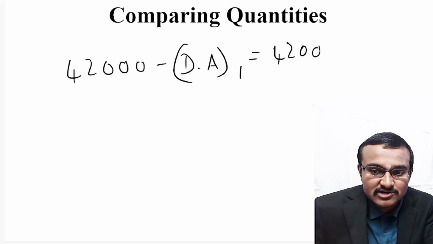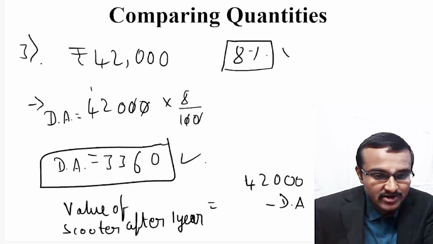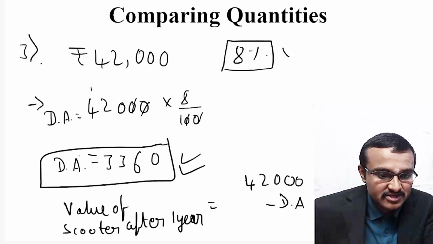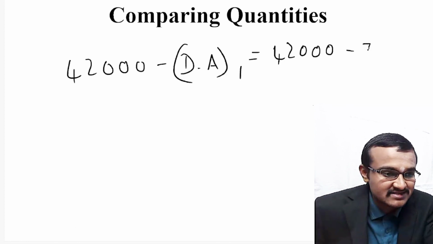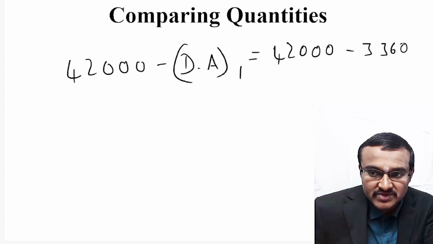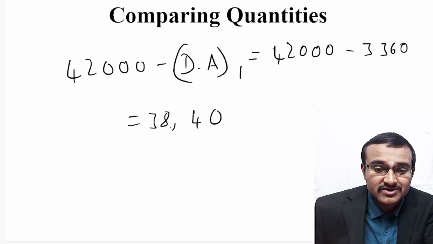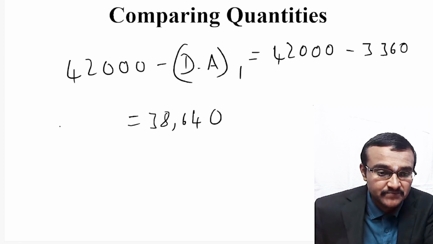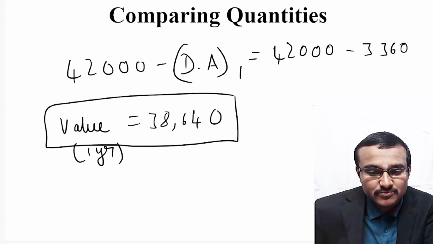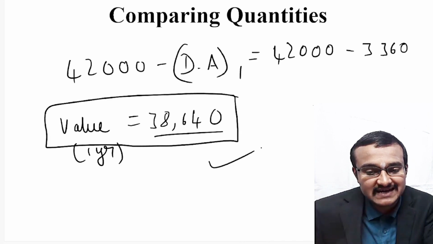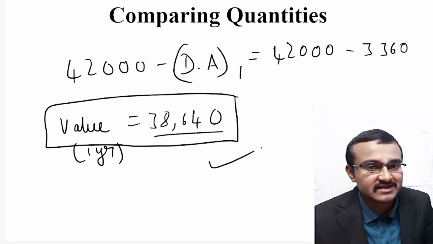So that is 42,000 minus, we have already calculated here, 3,360. So 42,000 minus 3,360. When you do this, you will get 38,640. So the value of the scooter after 1 year will be 38,640 rupees. So this 38,640 is the answer for the third question in this particular exercise.